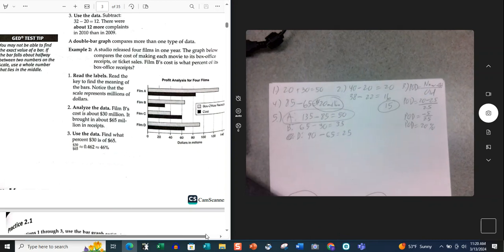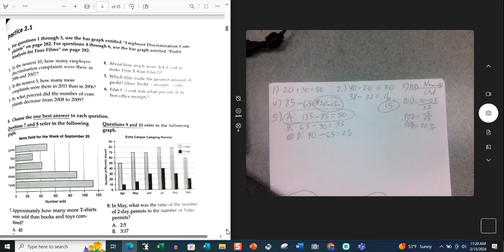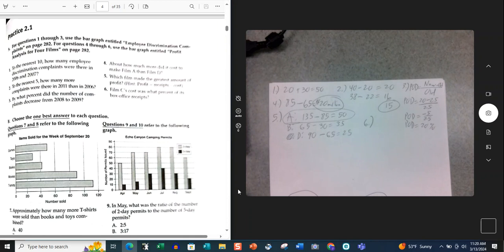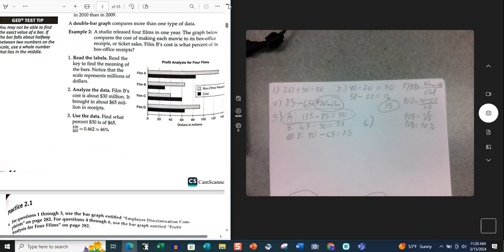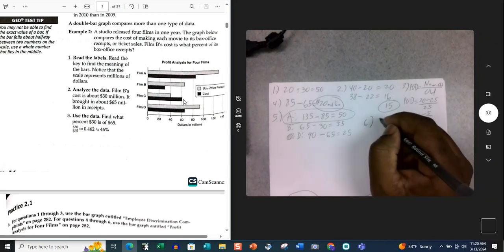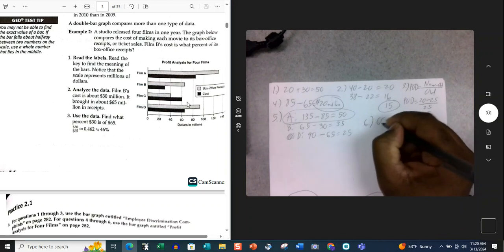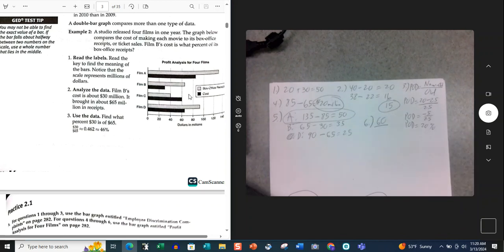So now we scroll down to problem number 6. It says, film C's cost was what percent of its box office receipts? Okay, so we go to film C. We go to the cost. The cost for film C is 60. And the box office receipts were 40.